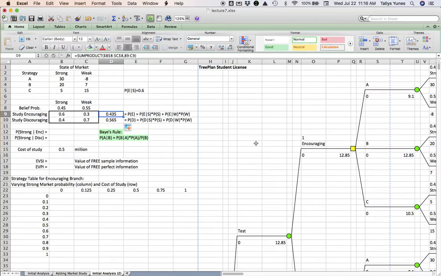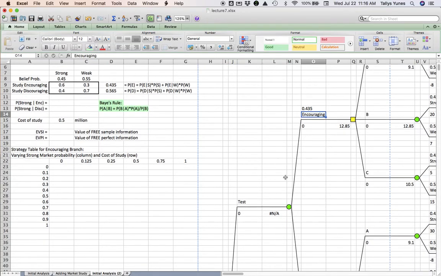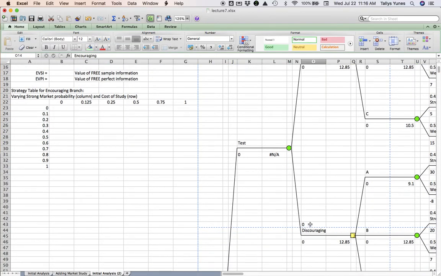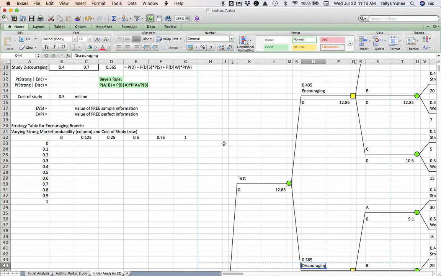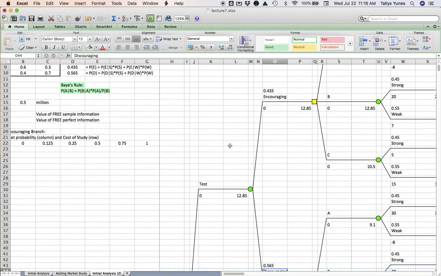So I have these chances now. The chance of encouraging, I can point here. And the chance of discouraging, I can point to the other one, or do 1 minus either. Great. So we filled in one missing piece of the new tree.